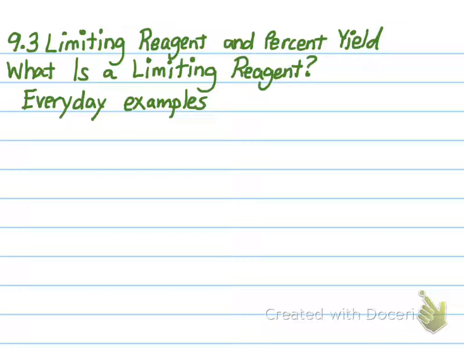So we're going to start by talking about what is a limiting reagent, and we're going to start by talking about everyday examples. We talked about cookies and baking the other day, right?